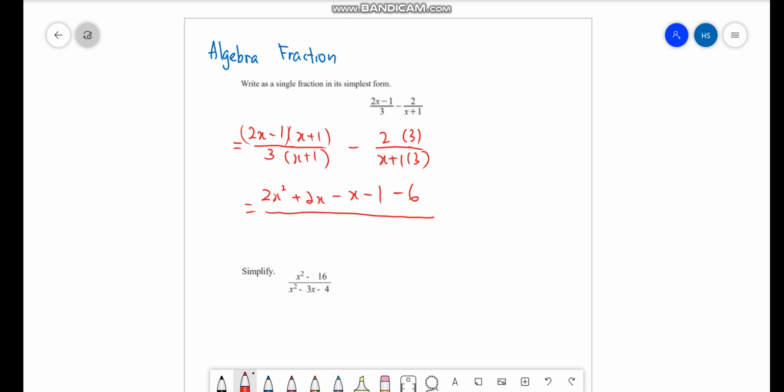If you're scared you'll make mistakes during expansion, you can just leave it like this, 3 bracket x plus 1. Then we simplify the top part, so the answer is 2x squared plus 2x minus x, so I get x, minus 7 over 3 bracket x plus 1. This is your final answer, just leave it like this.